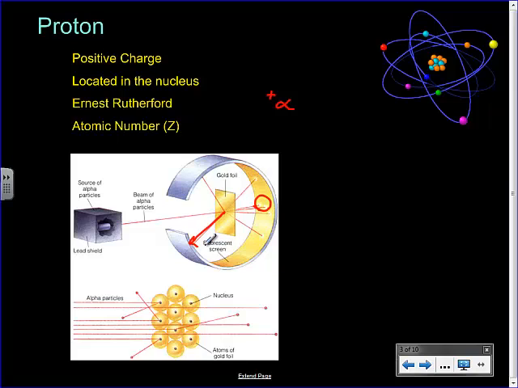And what he determined there was that there was a kernel or some solid object in the center of the atom, and that solid object is what we describe as the nucleus. He also noticed that some of these particles diverged at slight angles, and you can see it better down in this picture.